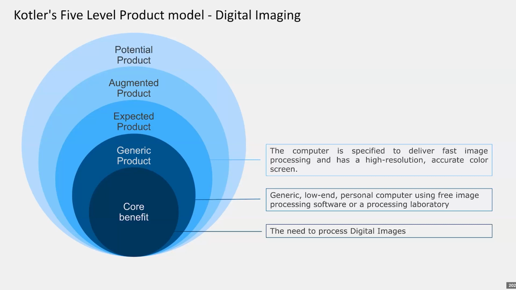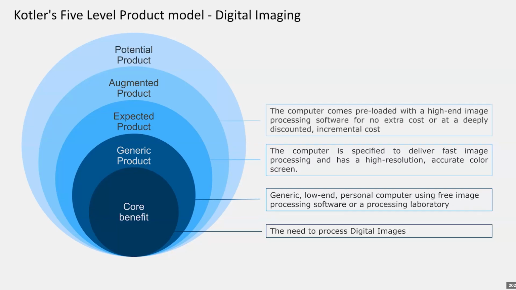Let's say you launch this. What's next? The next thing could be a computer that comes preloaded with high-end image processing software for no extra cost, or at a deeply discounted and incremental cost. So instead of giving just a simple first cut software to do basic image editing, the next augmented product is that you can do much more, just like I think Macintoshes do this, right?